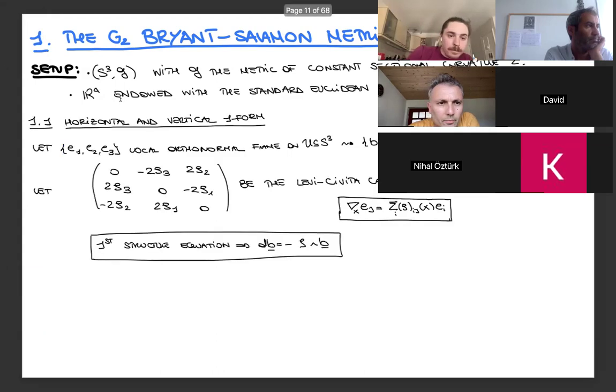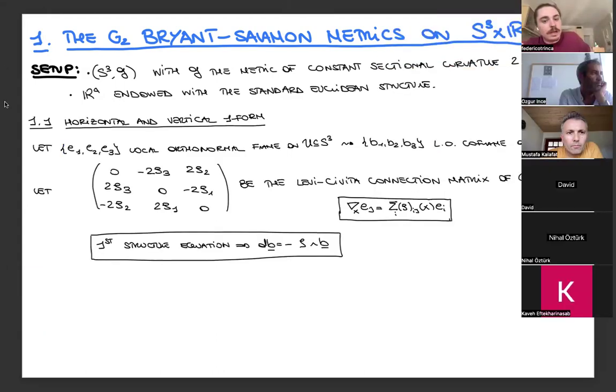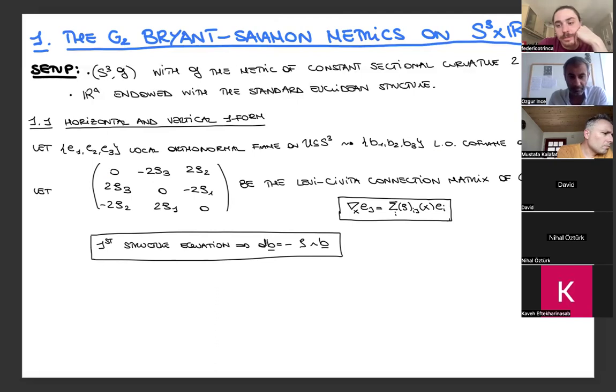Now, we are going to construct so-called horizontal and vertical one forms. The idea is that if I have a local orthonormal frame of S^3, then I also have a local orthonormal coframe by just taking the dual basis. And this is a local coframe on our sphere.